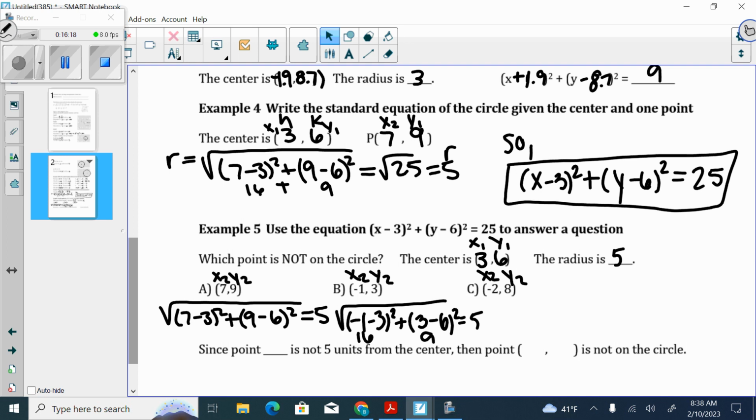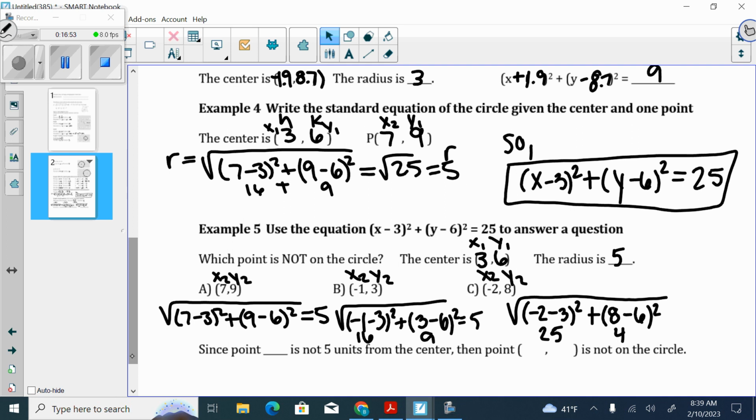Okay, so it looks like it's probably going to be this last one. So let's prove it. My x2 is negative 2 minus x1 squared plus y2, which is 8, minus y1 squared. So what is negative 2 minus 3? Negative 5. And what's negative 5 squared? 25. And what's 8 minus 6? 2, and 2 squared is 4.